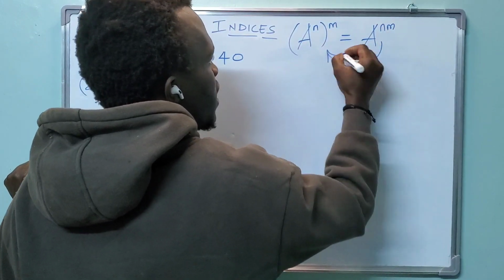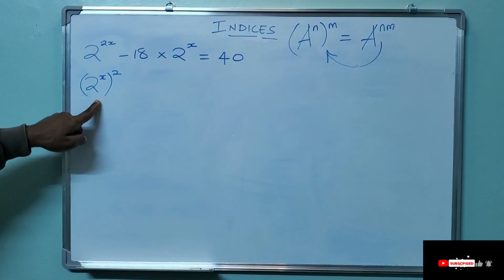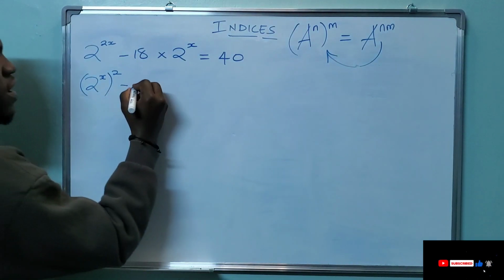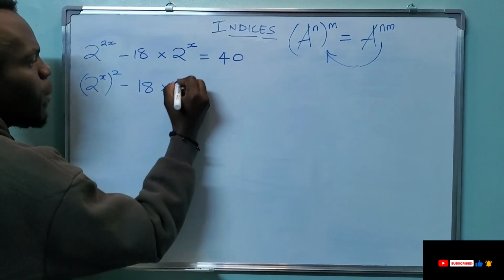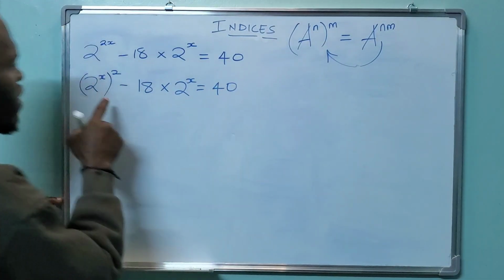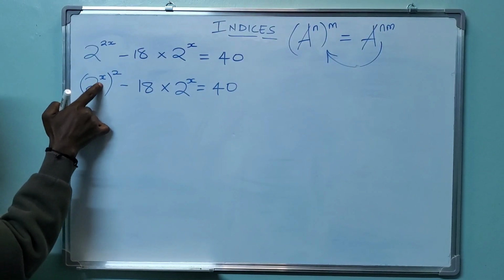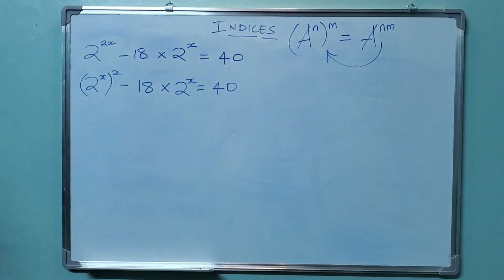So I can split it also. I can take it back to that, to have something like that. Minus 18 multiplied by 2 raised to power x being equals to 40. Once I do this to this, I realize that I have here 2 raised to power x and here 2 raised to power x, which are similar to one another.